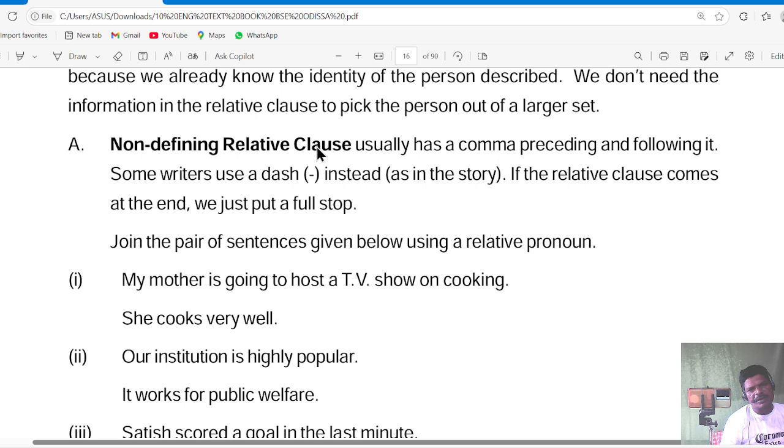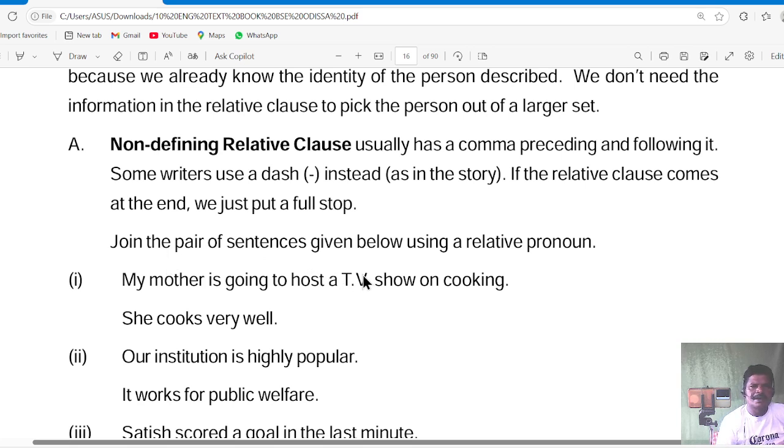Non-defining relative clauses usually have a comma preceding and following them. Some writers use a dash instead. If the relative clause comes at the end, we just put a full stop. Clear?